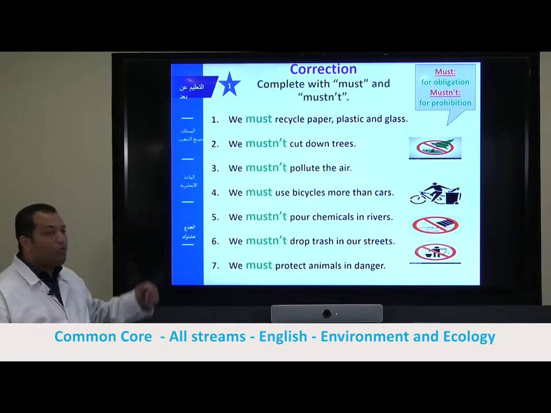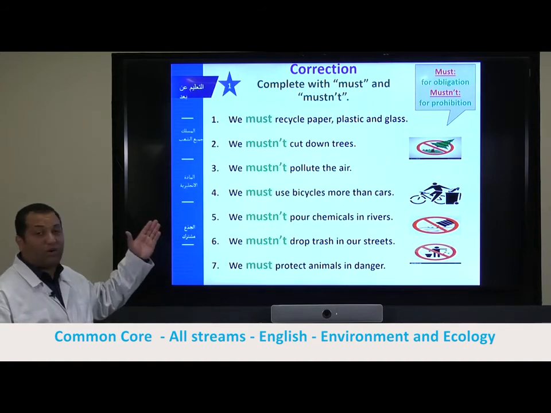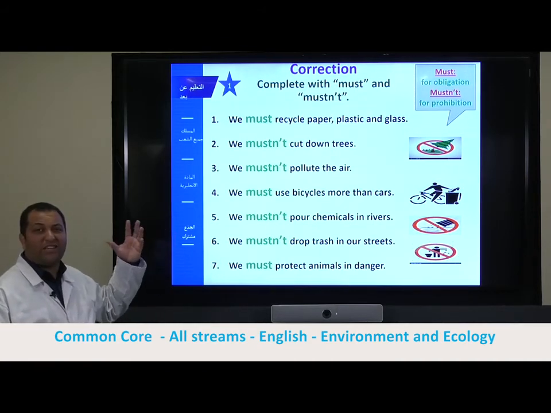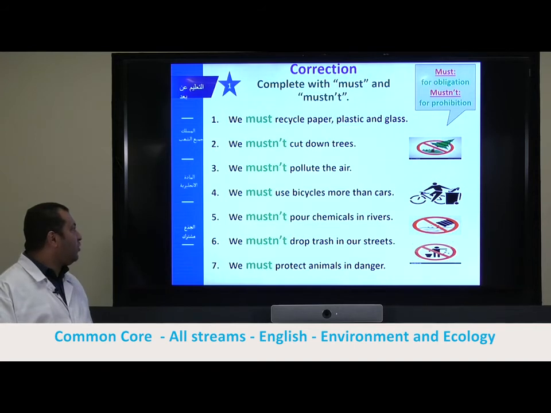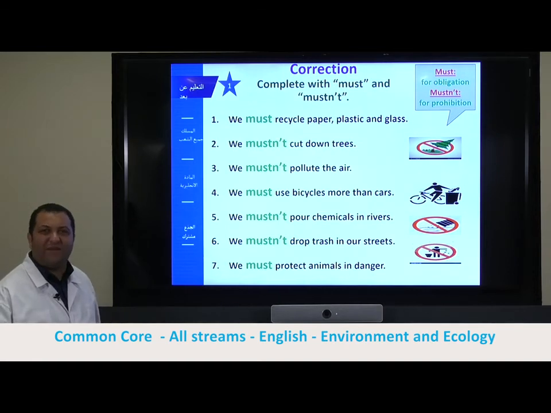Number 3, we mustn't pollute the air, because if we pollute the air, it will be dangerous for our health. Number 4, we must use bicycles more than cars. Like in the Netherlands, people are using bicycles more than they are using cars. Why?